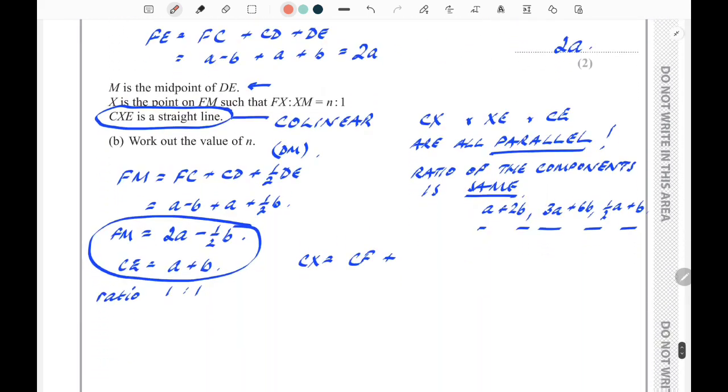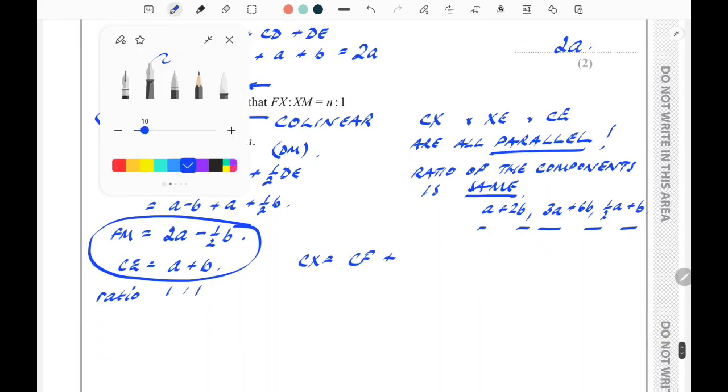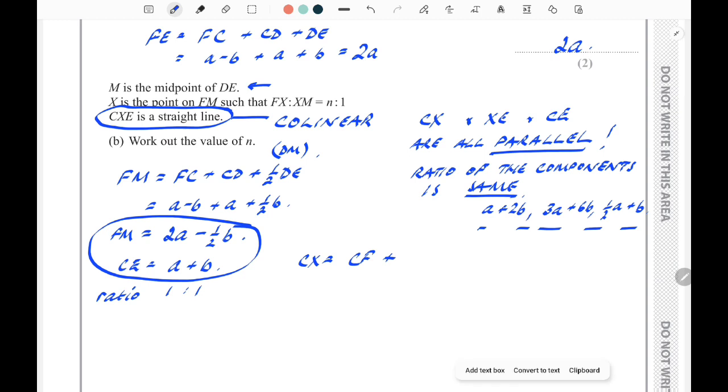So using that, we're going to say that C to F and then F to X is going to be the same as C to F plus some proportion, right? So it's n over n plus 1 of FM, all right? Okay, now tidying that whole thing up, all right? How are we going to write this?